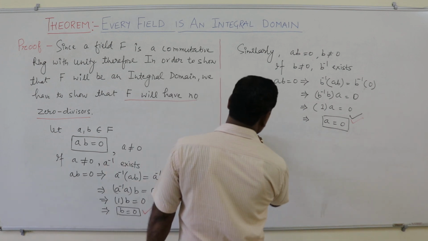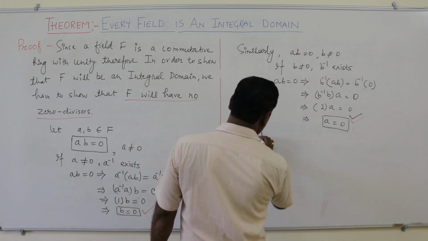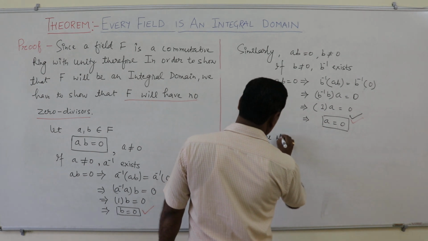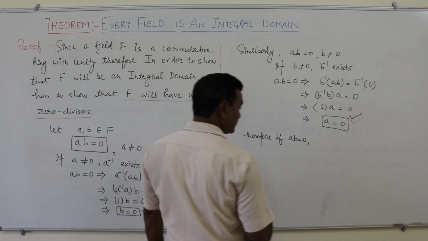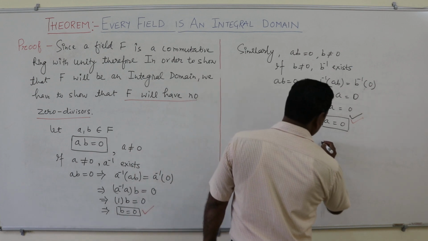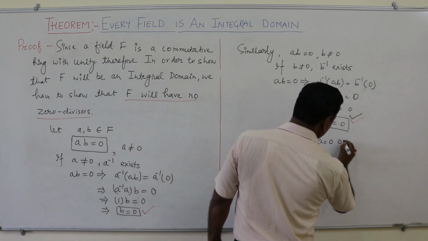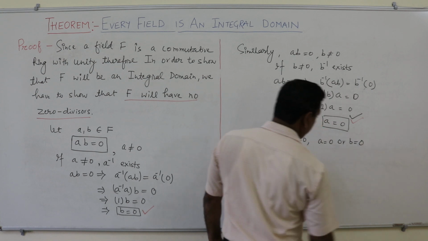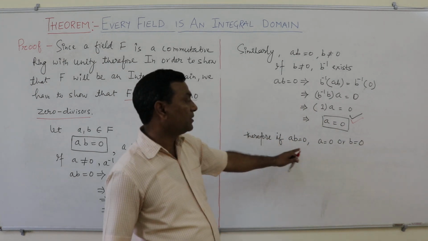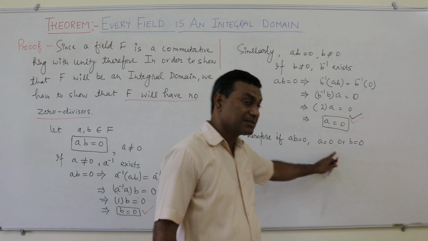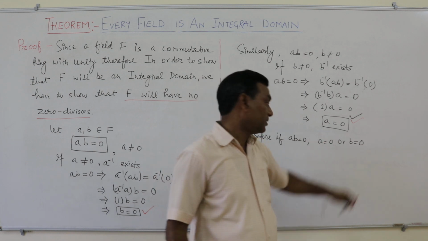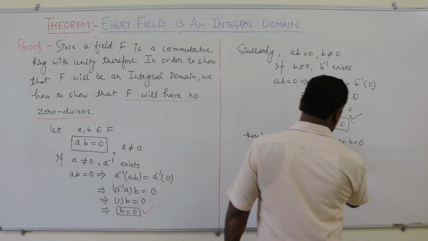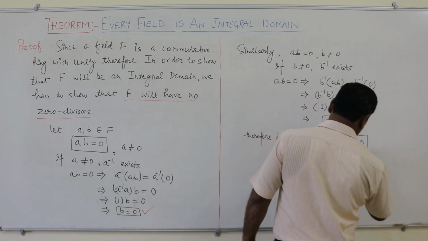Therefore, if AB equals 0, then A equals 0 or B equals 0. If we are saying that AB equals 0, then this is the condition that either A should be 0 or B should be 0.